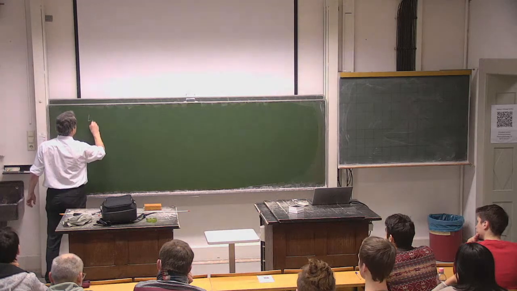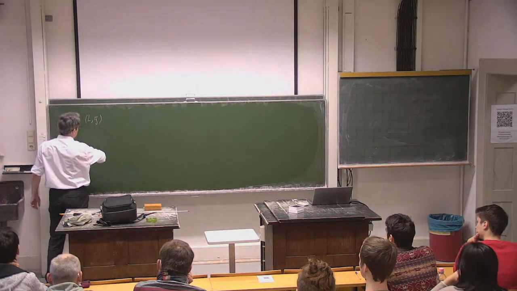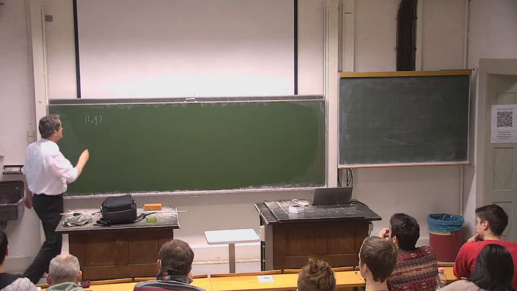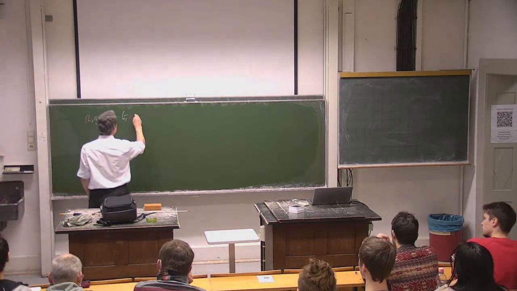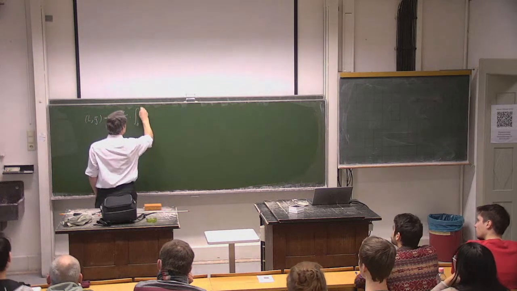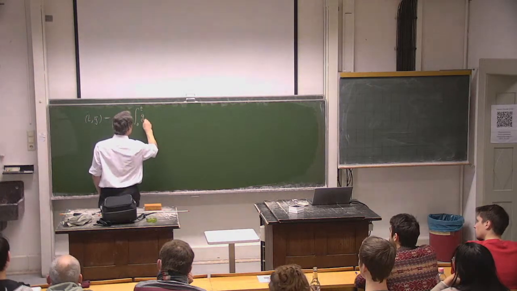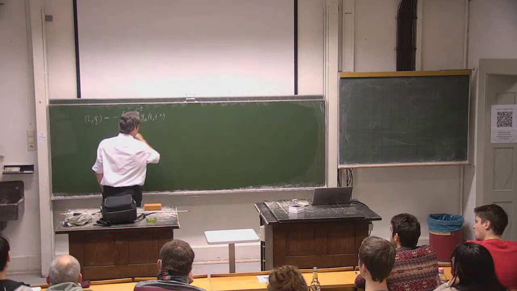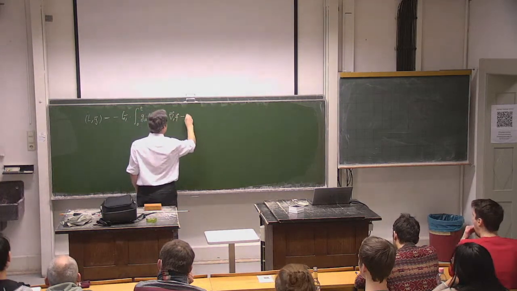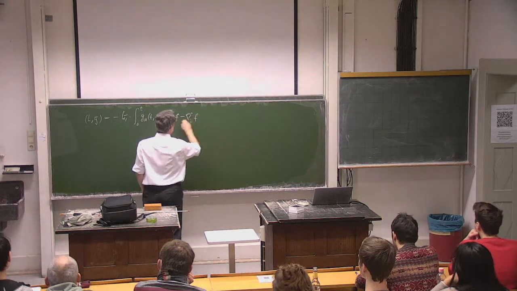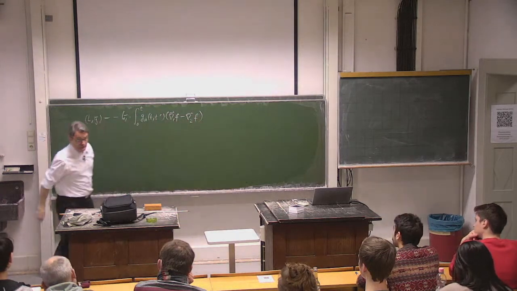So we had that this expression here was minus k1 times the integral from 0 to t, propagator times this thing, right?